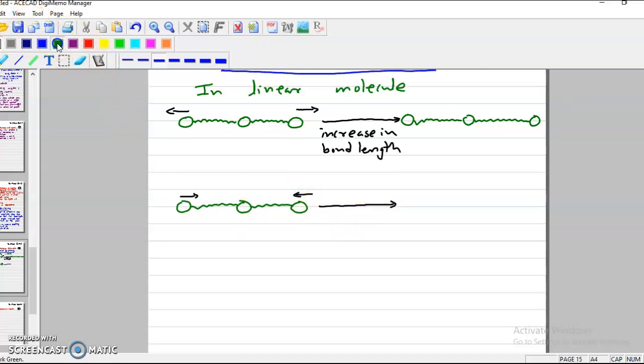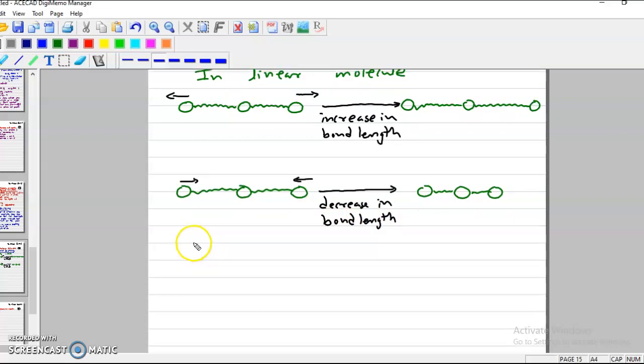The central atom is as it is, but these two end atoms are coming close to each other, and therefore here there will be decrease in bond length. So here you find change in bond length. Okay, so this is called symmetrical stretching in linear molecule.